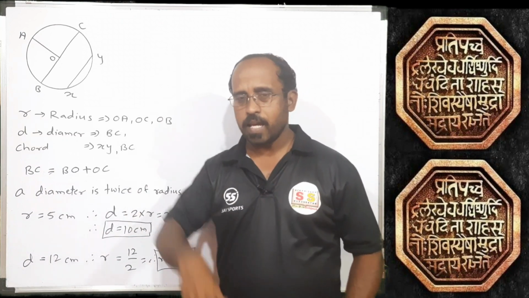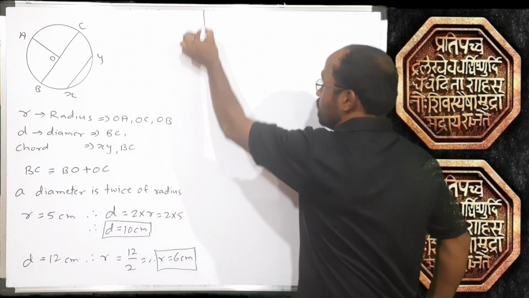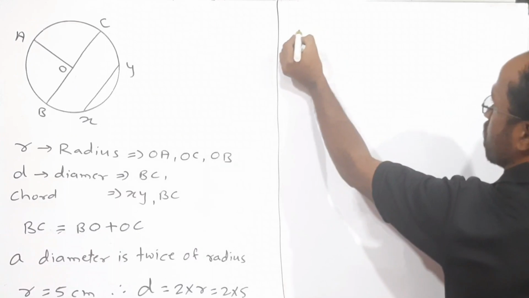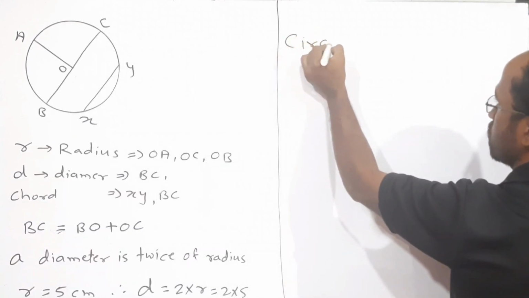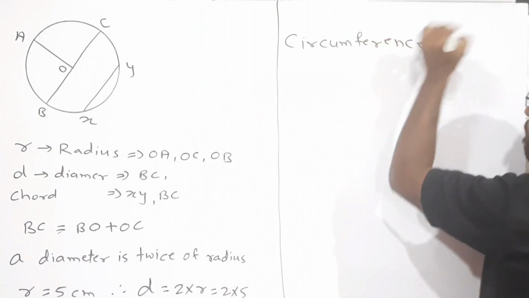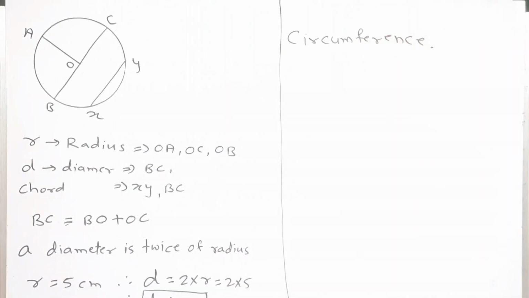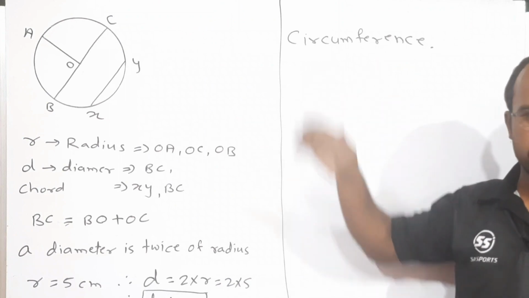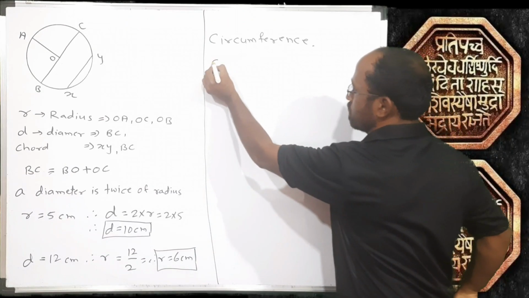And here comes their third partner, which is circumference. Circumference, which is denoted with small case letter c.